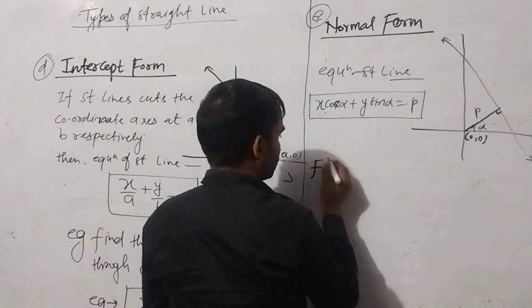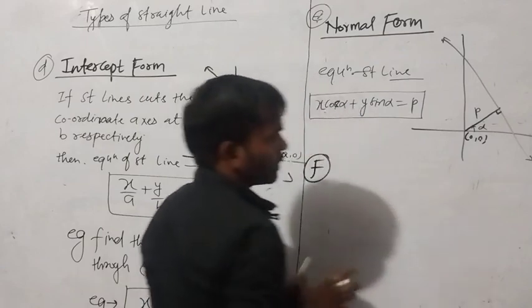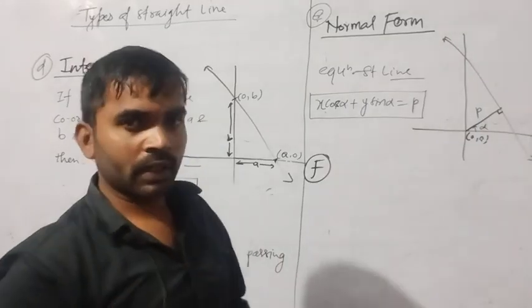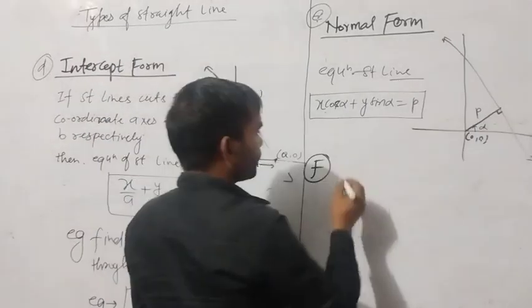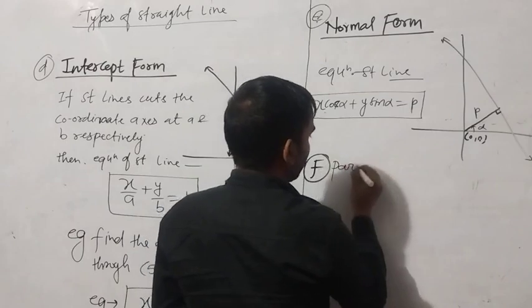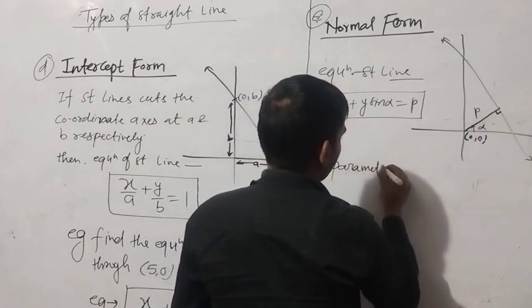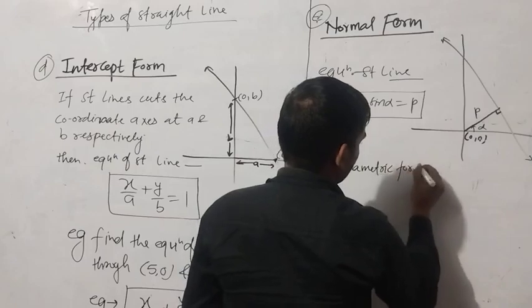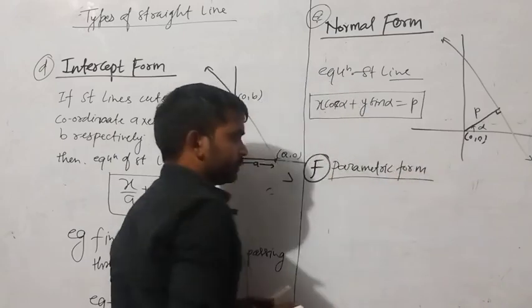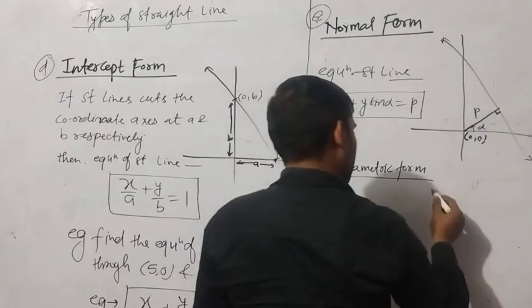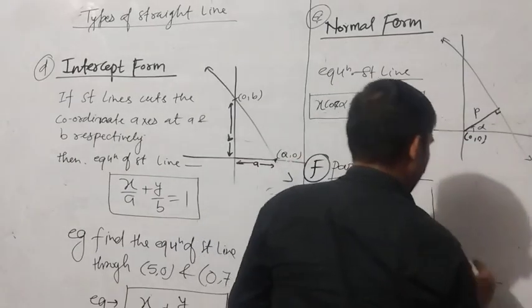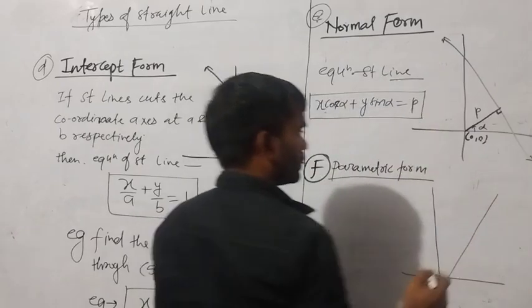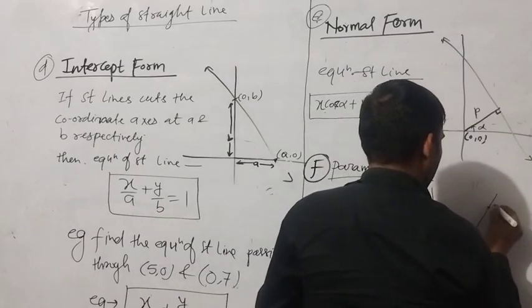And six is the parametric form. Once we want to draw the parametric form, we can simply use, let's suppose there are 2 points.